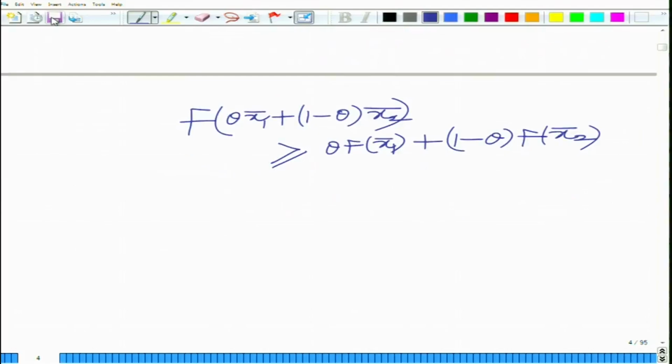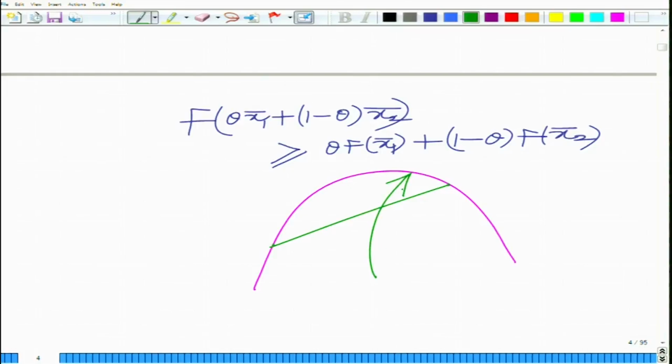Okay. And naturally a concave function curves downward, so its curvature is down. So, it looks like this, and you can clearly see that if you look at the chord joining any 2 points, the function lies above the chord. Okay.